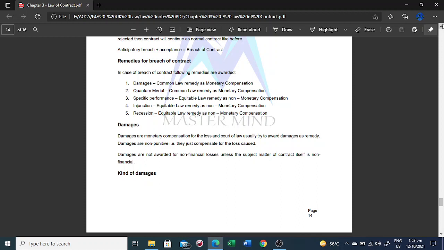After the hearing, the court gave them another chance and told them not to do this again, otherwise we are going to cancel your license. So if the person is asked not to perform something, that is an injunction.